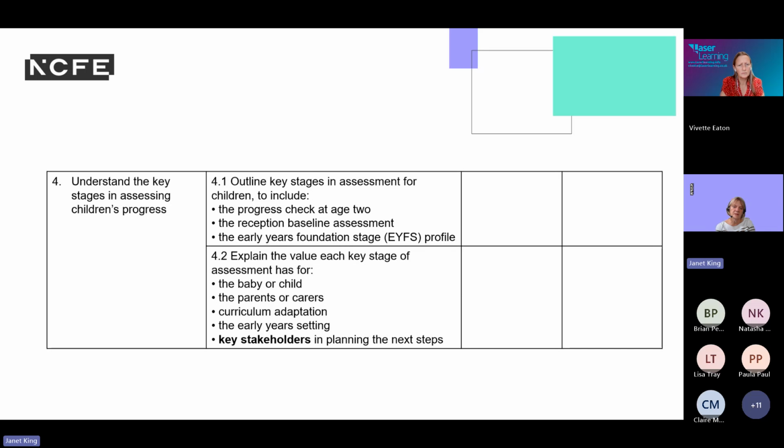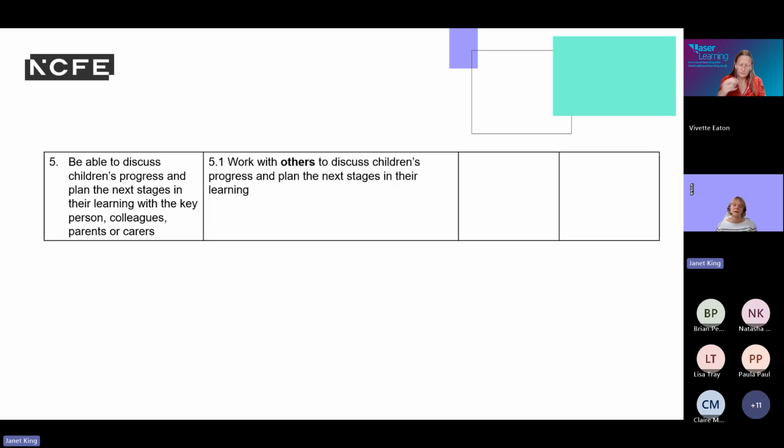The children themselves, and building around their interests. So that really does give the opportunity for cohesion between what's going on in the theoretical and what we are seeing in our placements or places of work. And the whole unit should really be treated as something where you can bring examples from your practical experience.